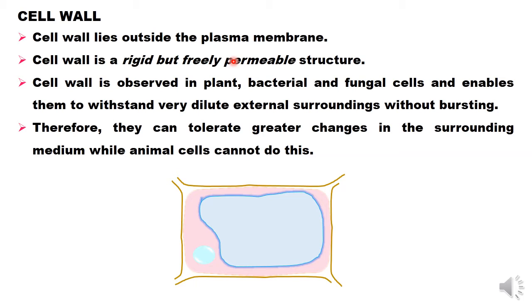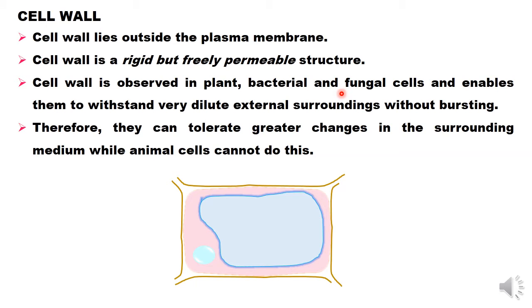But then why is this important? Why is it present? Because plants, bacteria and fungi need to withstand hostile environments. Suppose sometimes the environment is very dilute. This situation will be like a hypotonic solution, and the cell will experience endosmosis. But cells, for example plants or fungi, cannot move just like animals.